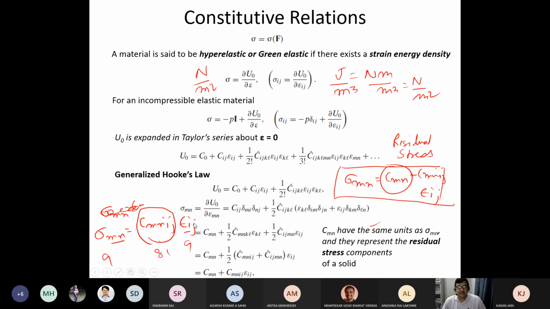Stress is proportional to strain. You put a constant in the middle, right? In order to make sure that it's an equation. What is that constant that you get for stress proportional to strain?